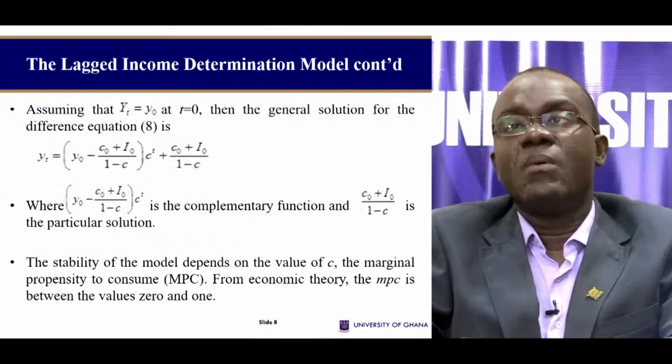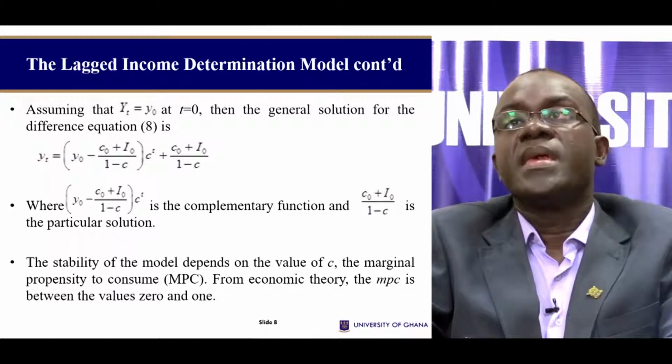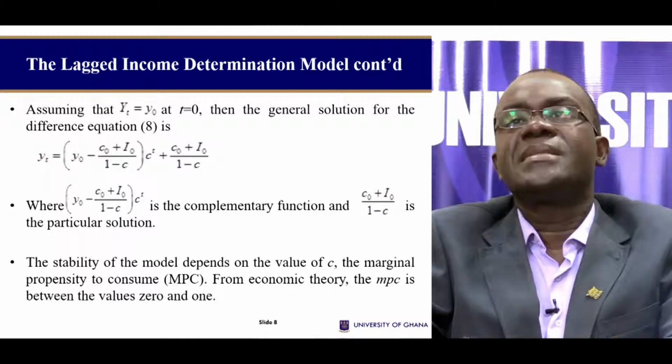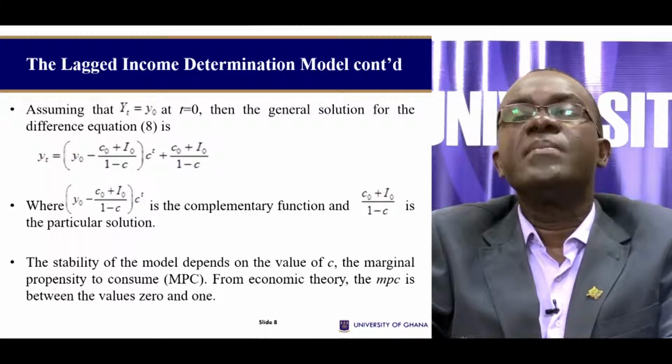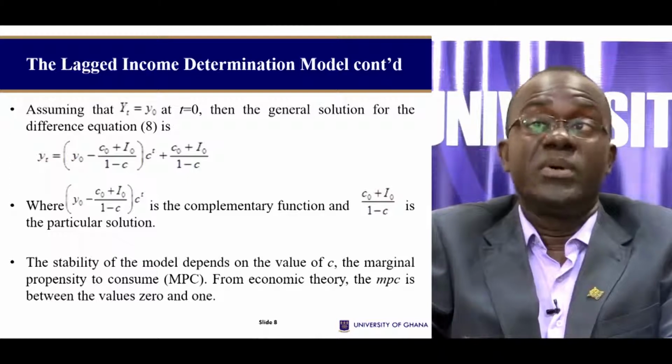If you look at our solution over here, in the long run, as t tends to infinity, will this term tend to 0 so that we have our equilibrium, or our particular solution? The C we have over here is the marginal propensity to consume, and the marginal propensity to consume is always a fraction.